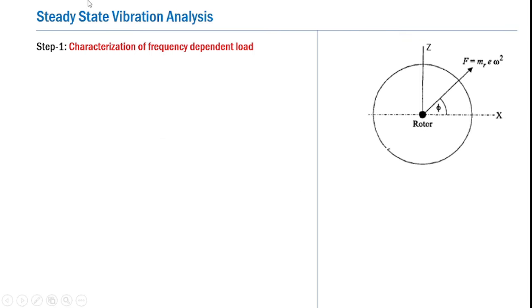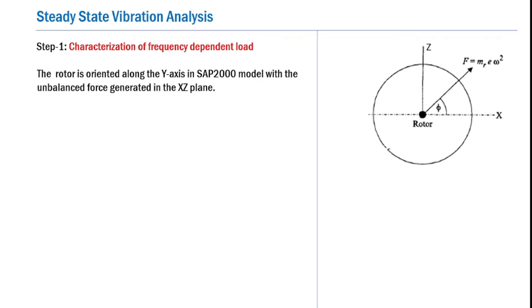Okay, so for any steady-state vibration analysis, the first step would be the characterization of the frequency-dependent load, which means that we must be able to describe in detail the definition of the load in relation to the operating frequency ω as well as the phase angle φ.